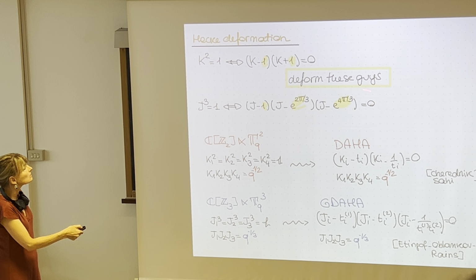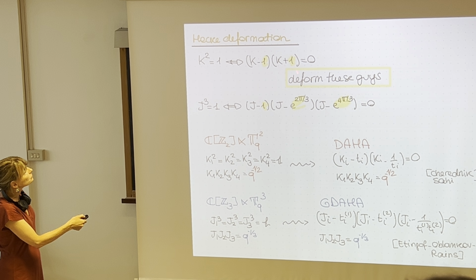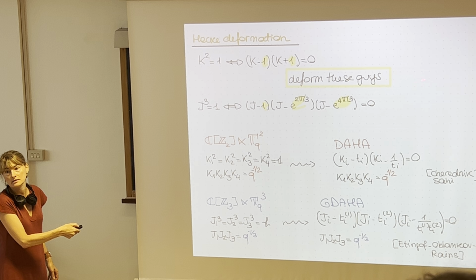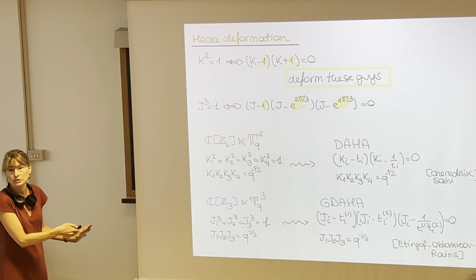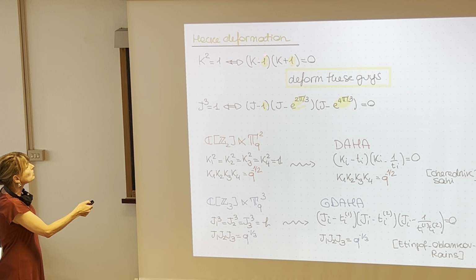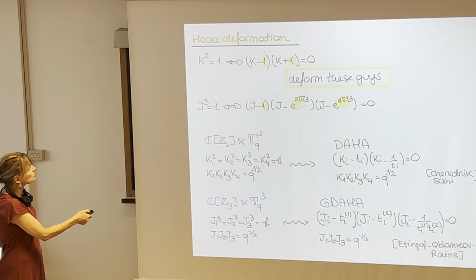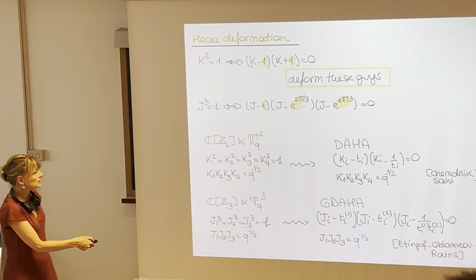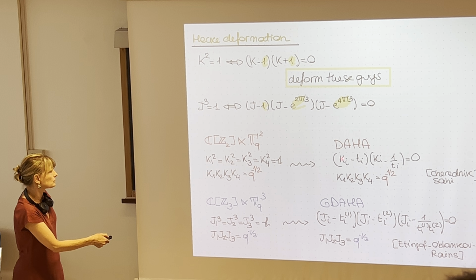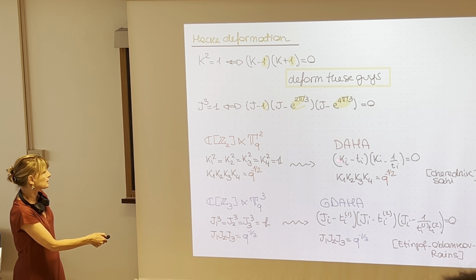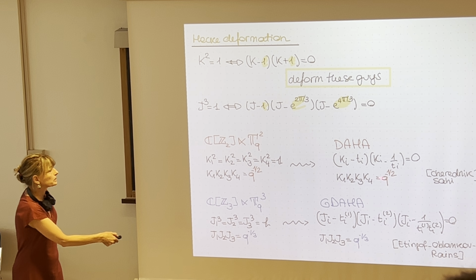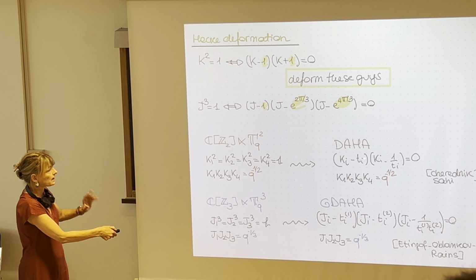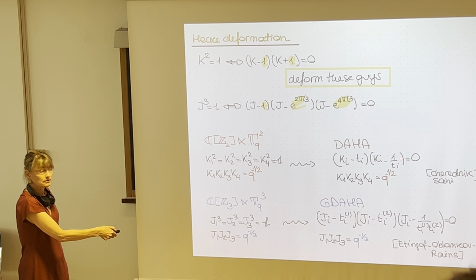A Hecke deformation is that you want to change these scalars, okay? That's all it is. So you want to have an algebra in which you replace these relations by something allowing any eigenvalues. So from the quantum crystallographic group, we obtain something similar in which, for each k_i, I replace the relation with some t_i, which are now scalars.